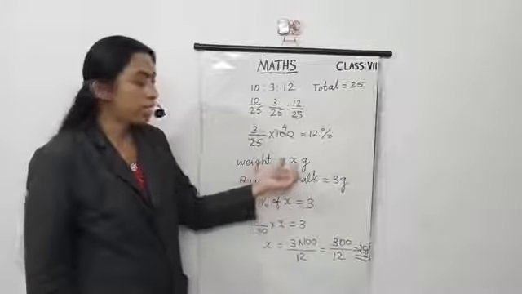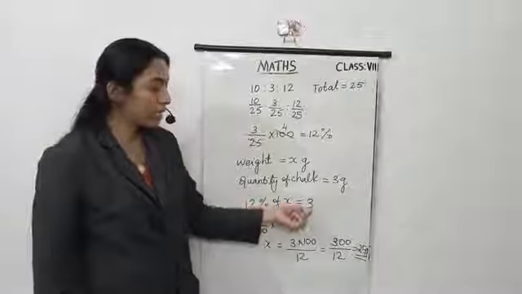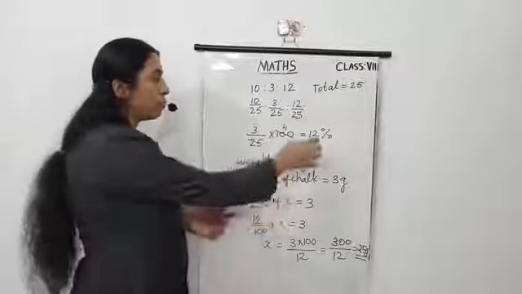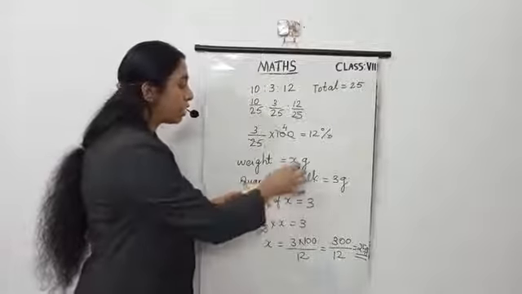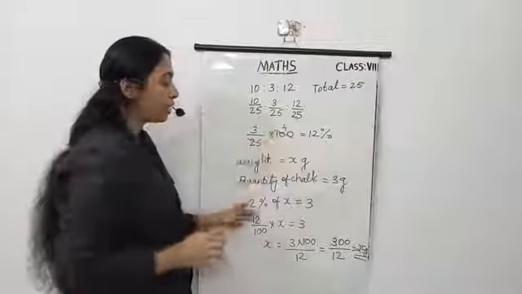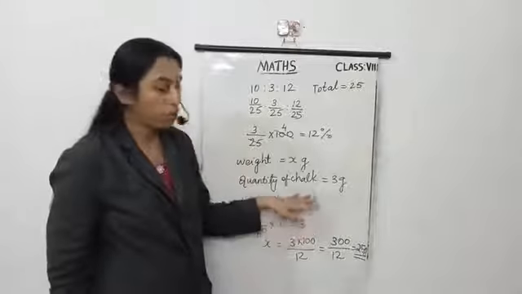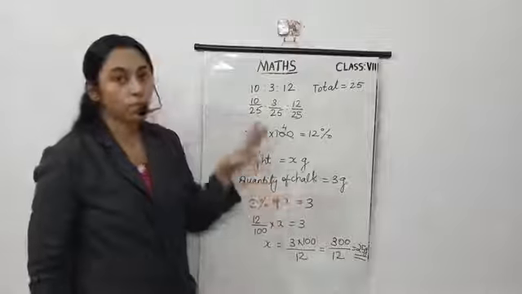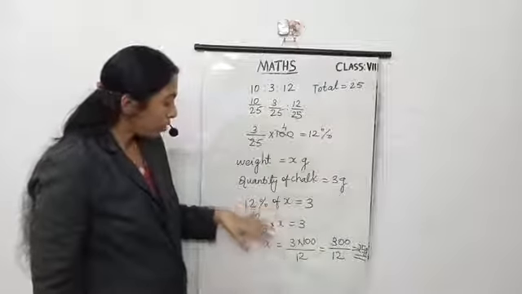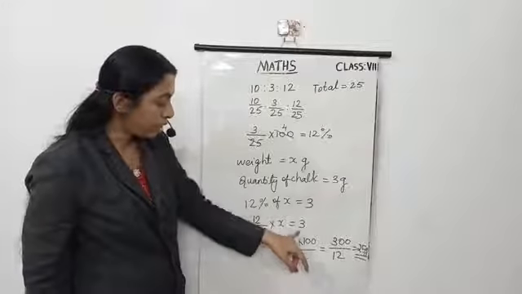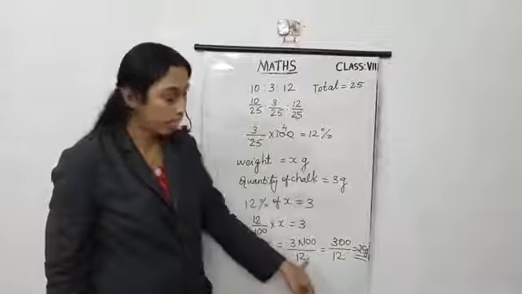We take the weight as x gram, then 12 percent of x is 3, because 12 percent represents carbon, and 12 percent of this total weight is 3 gram. So 12 percent of x equals 3, because this 3 represents the quantity of carbon in one chalk. Now 12 by 100 into x equals 3. We transpose this 12 by 100 to the right hand side.